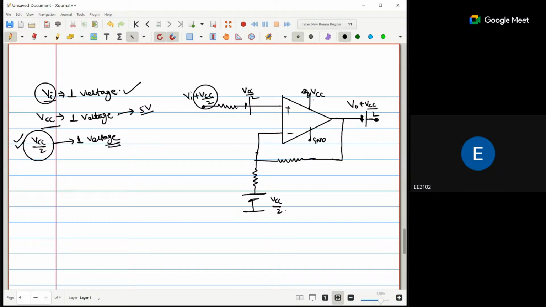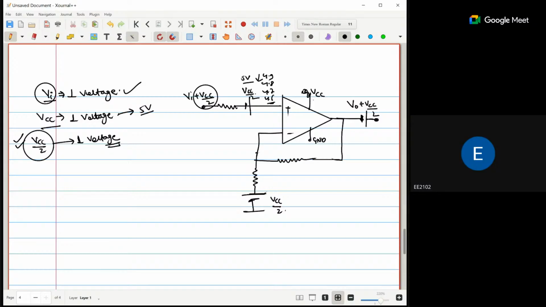Now the problem is that the battery voltage is also not constant. If this is a 5 volt battery, after some time the voltage will start reducing: 5, then 4.9, 4.8, 4.7, 4.6.